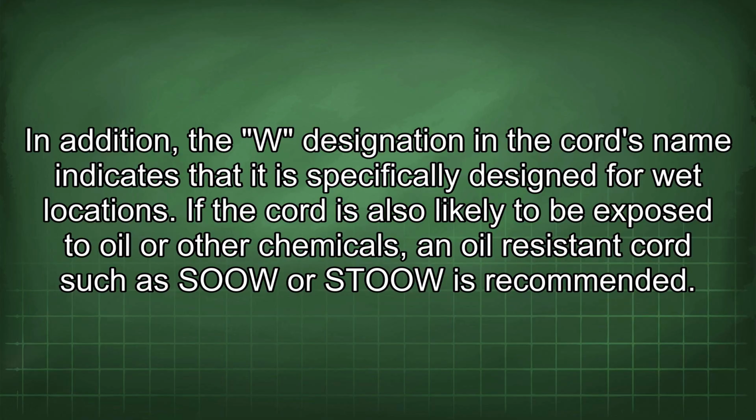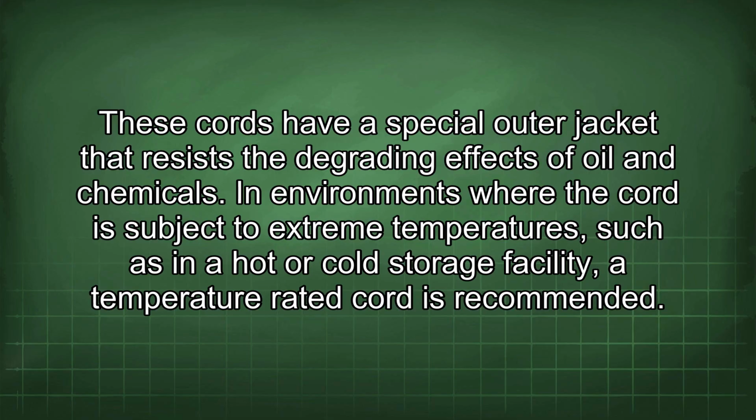If the cord is also likely to be exposed to oil or other chemicals, an oil-resistant cord such as SOO or STO is recommended. These cords have a special outer jacket that resists the degrading effects of oil and chemicals. In environments where the cord is subject to extreme temperatures, such as in a hot or cold storage facility, a temperature-rated cord is recommended.